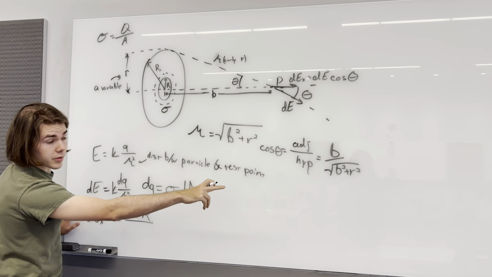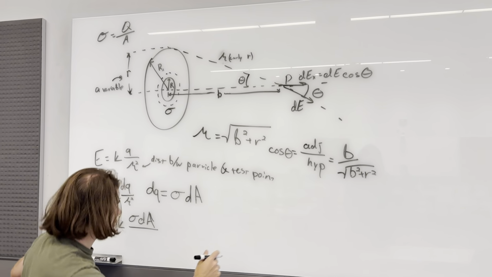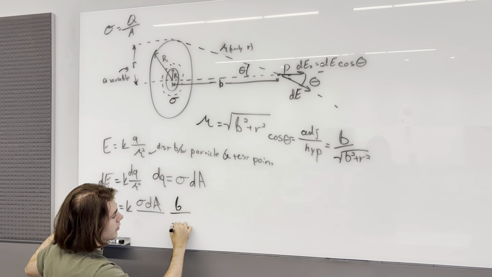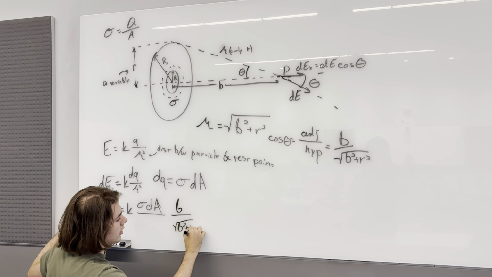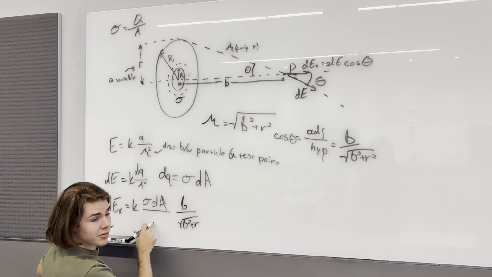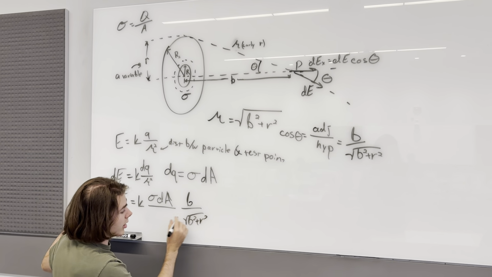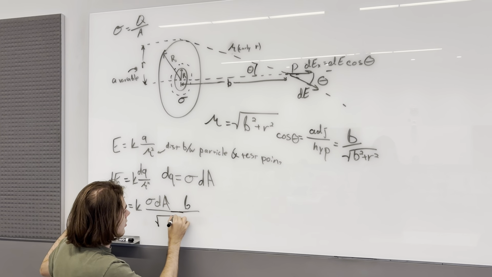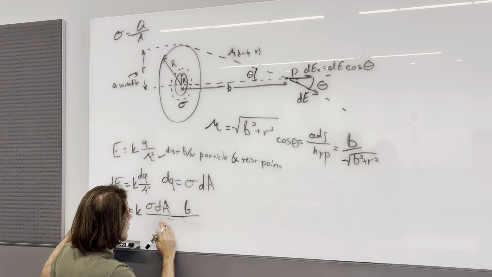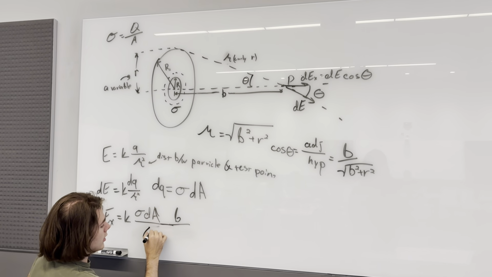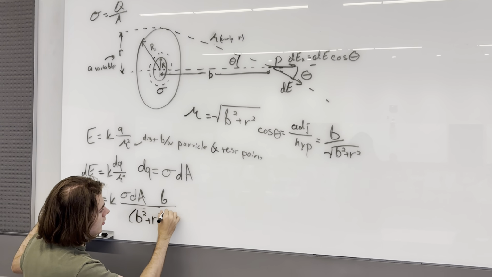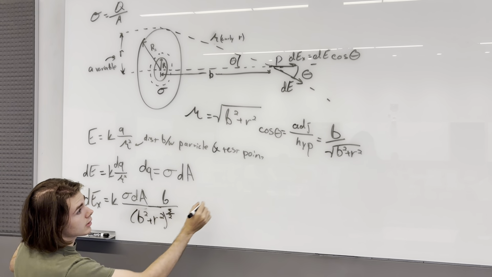But then we also have another square root, so I'm going to combine these terms, because we have a b over the square root of b squared plus r squared, but we also have the square root of b squared plus r squared here. So we're going to have b squared plus r squared to the 3 halves.